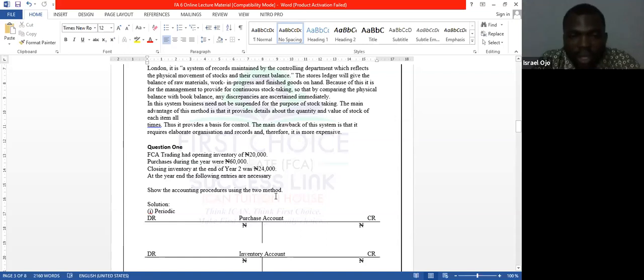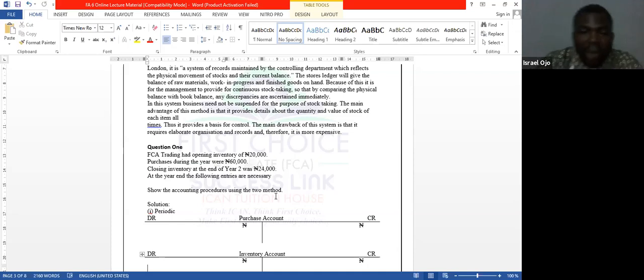So for periodic, our opening inventory is 20,000. That opening inventory of 20,000 will be found under the inventory account as the opening balance. An inventory account is an account that falls under assets, current assets, and assets have a debit balance.